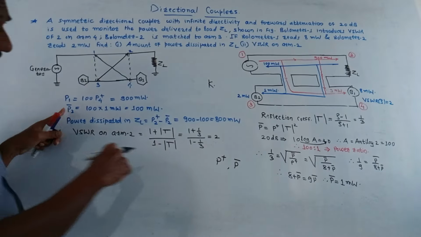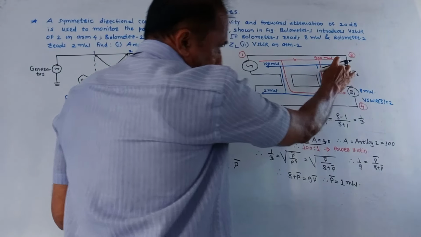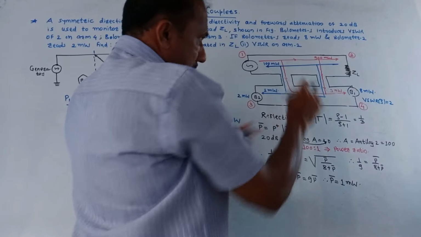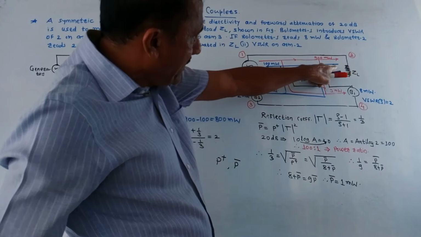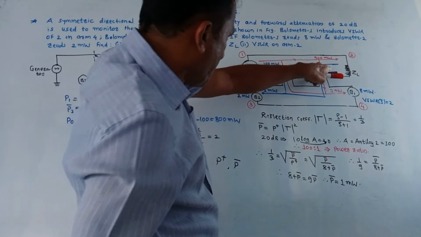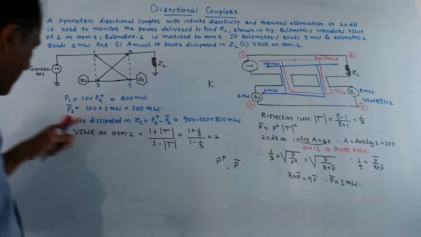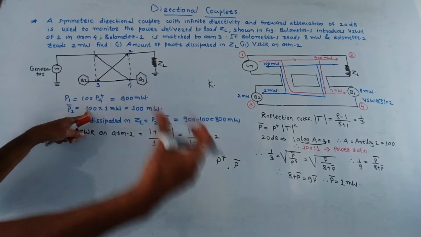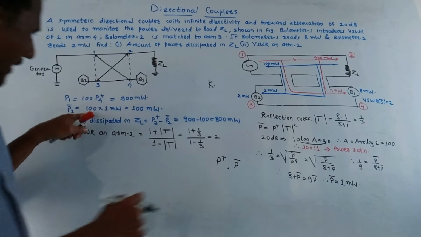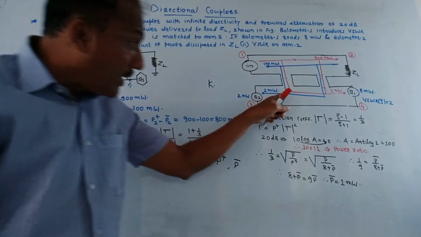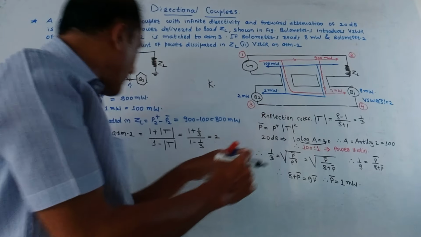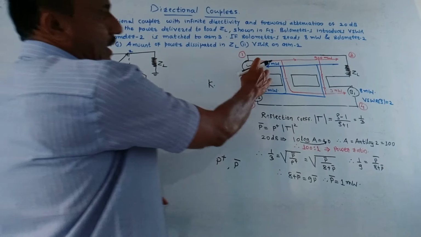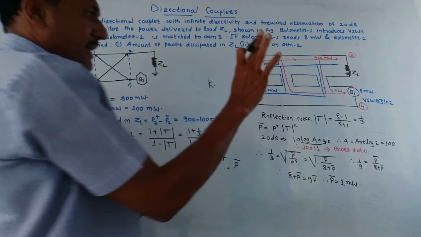P2 minus, the power which I have shown by the blue ink, which is getting reflected from port 2, is 100 times 1 milliwatt, because 1 milliwatt is the reflected power. So it is 100 milliwatt. That's why I have written this reading as 100 milliwatt.